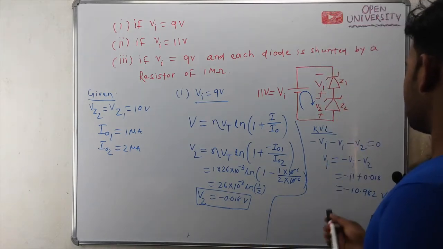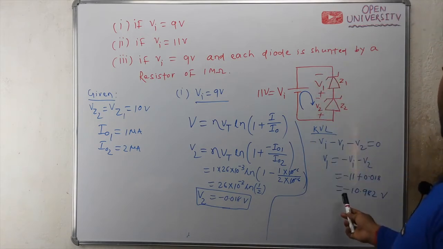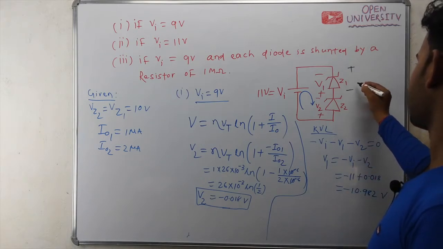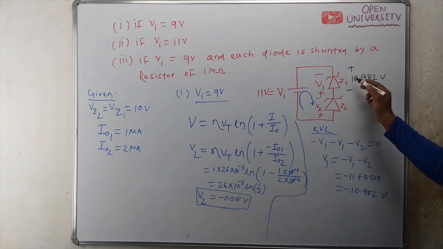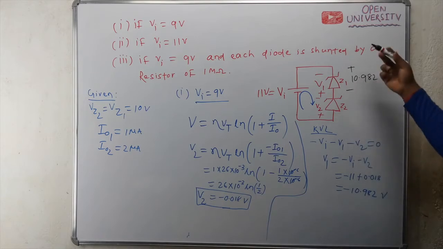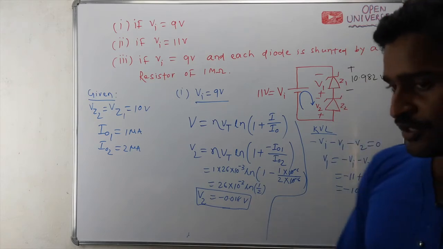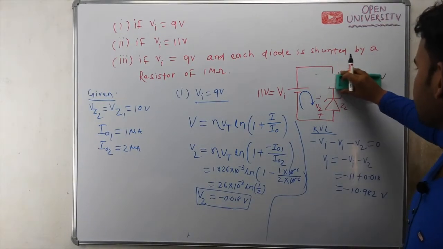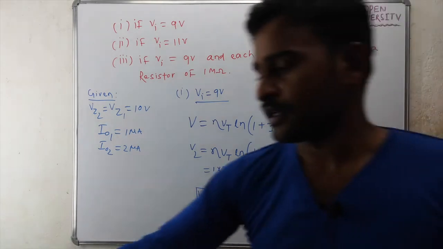See, if V1, this side positive, this side negative, is minus 10.982 volt, then this voltage will be plus 10.982 volt, and the reverse voltage across the Zener is exceeding 10 volt, that is the breakdown voltage. So we will replace Z1 with what? With a constant voltage source of 10 volt. So replace Z1 with a constant voltage source like this.